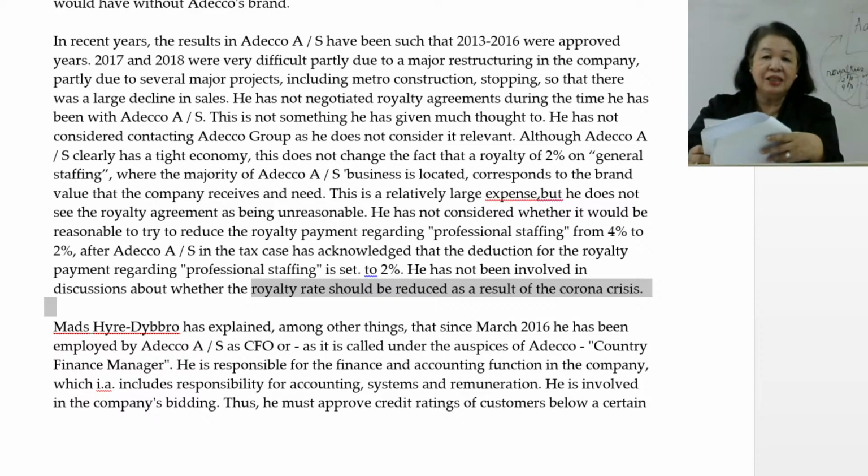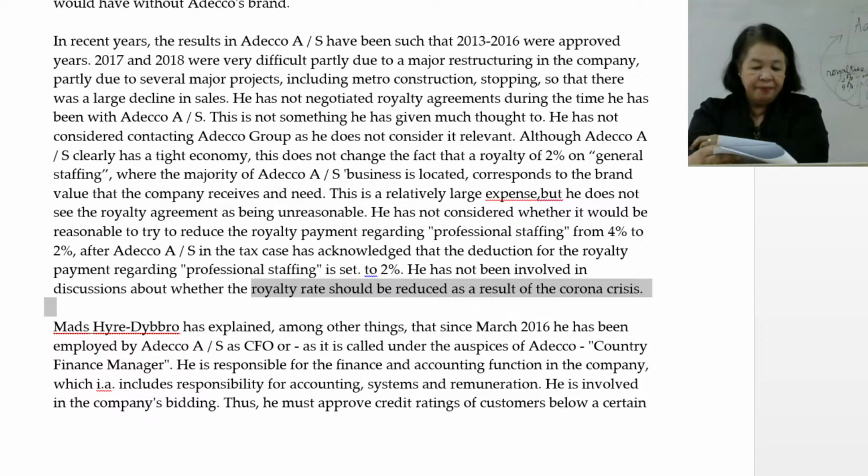They also presented another witness, Mads Harry Debro, no? He explained, among other things, that since March 2016, he has been employed by Adecco AS as CFO, no? As it is called, under the auspices of Adecco.